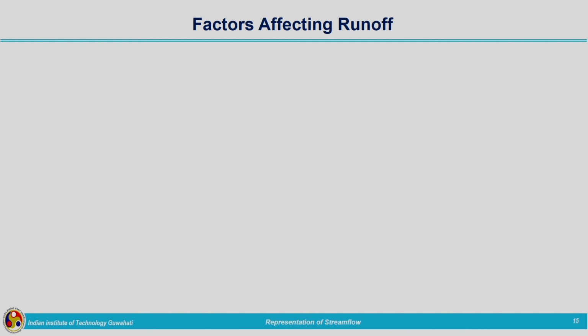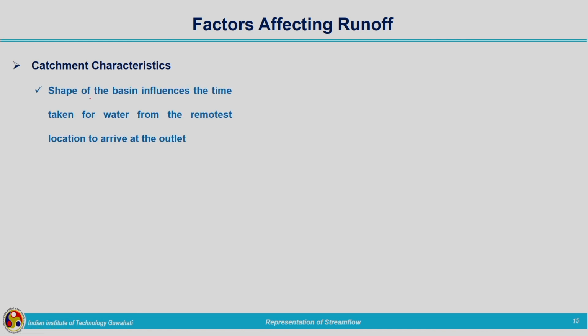Now, among the different factors affecting runoff, we were discussing catchment characteristics. In detail, the shape of the basin influences the time taken for water from the remotest location to arrive at the outlet.